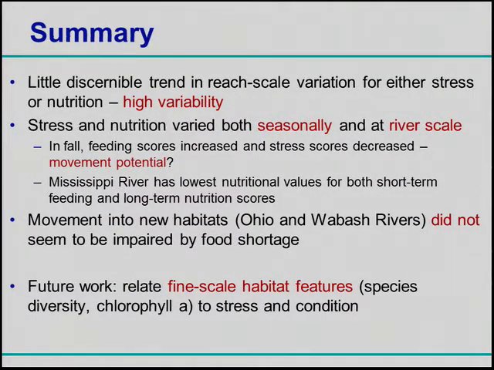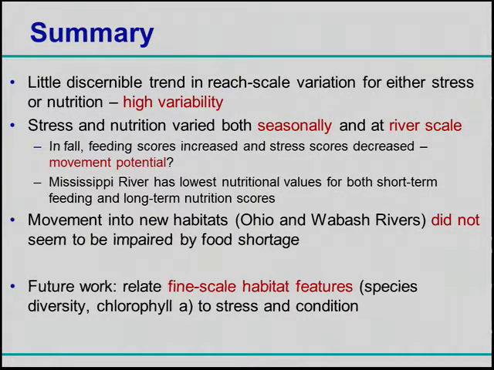In fall, feeding scores tend to increase and stress scores tend to decrease. And so maybe here we're potentially looking at a time when animals could be moving, really fat, really happy. Animals are potentially looking to have energy to move to new environments. Mississippi River had the lowest nutritional scores, both for that short-term feeding and the long-term nutrition. So the animals in the Mississippi aren't particularly getting a lot of food.